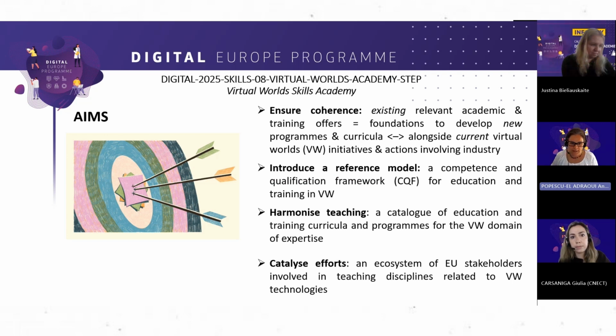Starting with the objective. What do we aim with this academy? First of all is to ensure coherence. As it was said in the beginning, and my colleagues said, tapping into the relevant academic and training offers, streamlining them, scaling up existing initiatives, and also identifying successful such initiatives, but also the gaps that are out there.